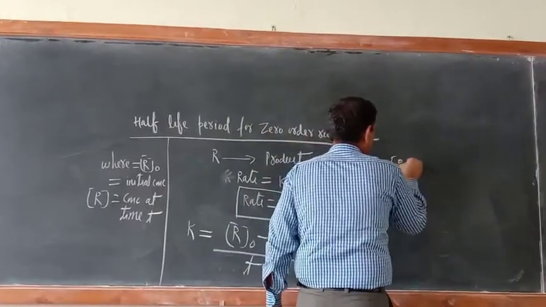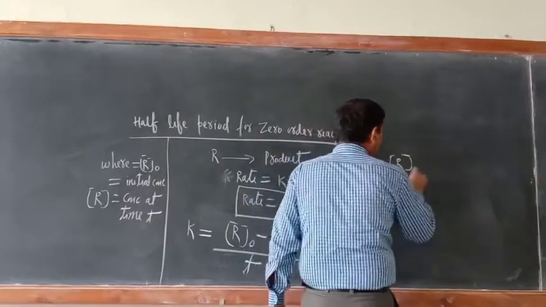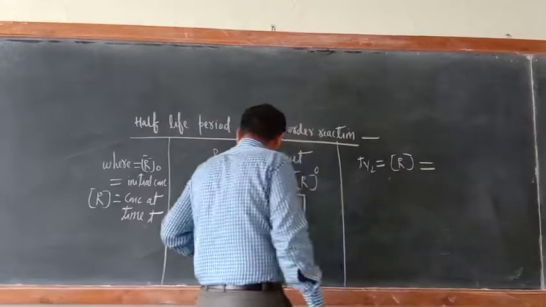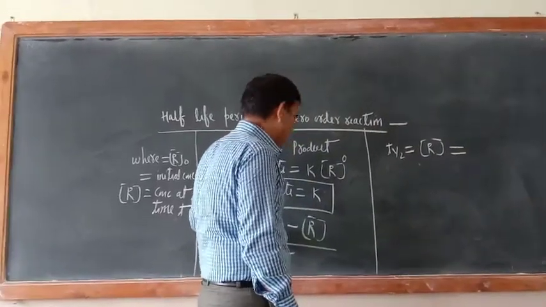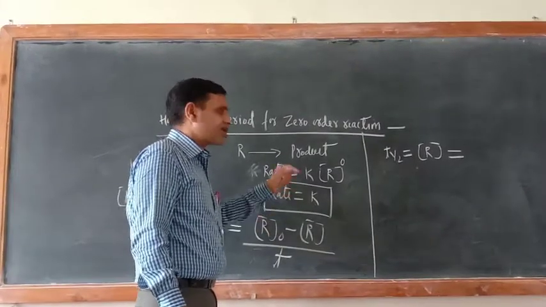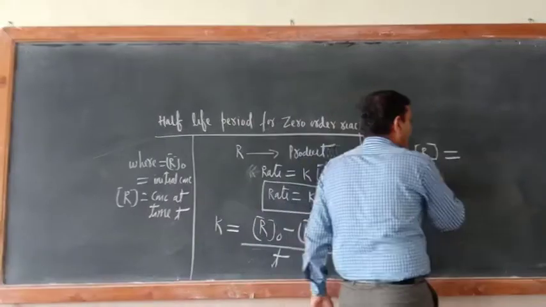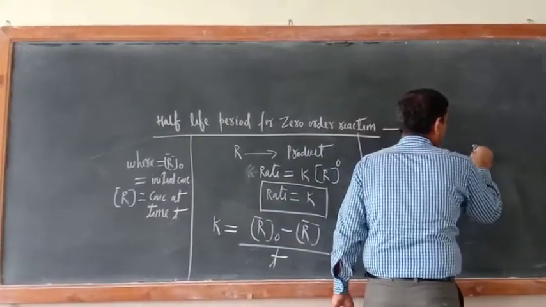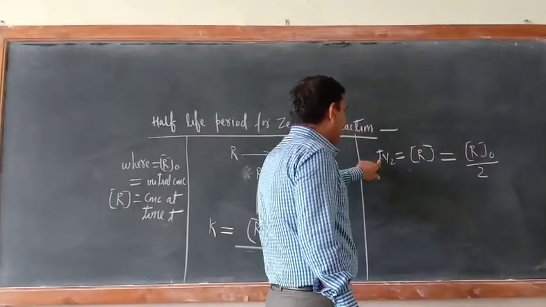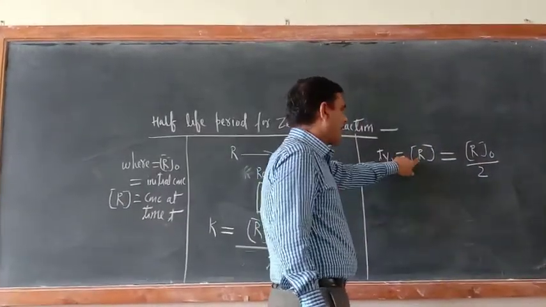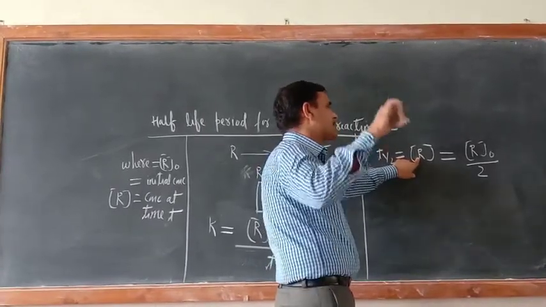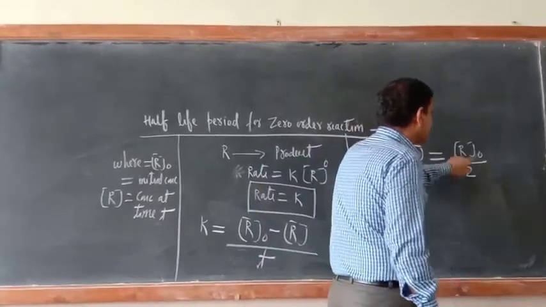R, and in the half-life period, what would be there? Half of the initial concentration, meaning half of the reaction gets completed from its initial concentration. So in place of R, what can we write? R0 by 2. At that time, from its initial concentration, half of the concentration is reduced.